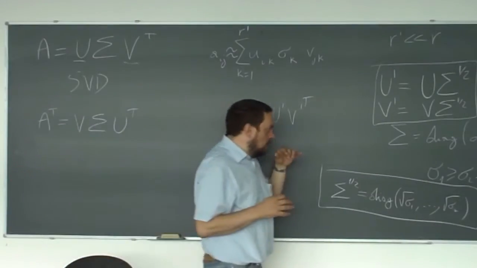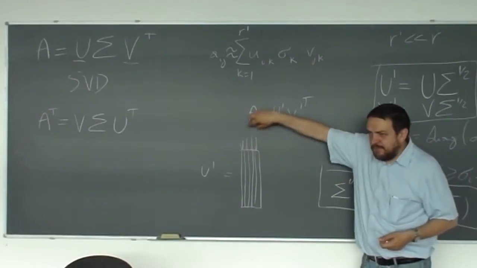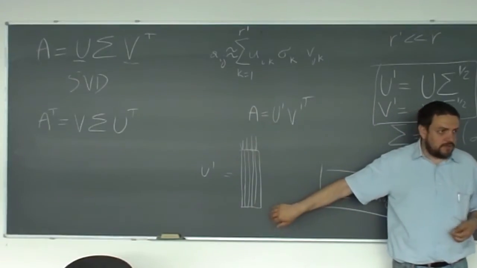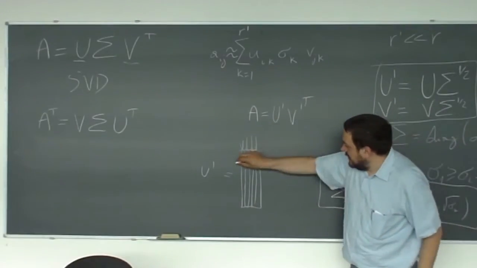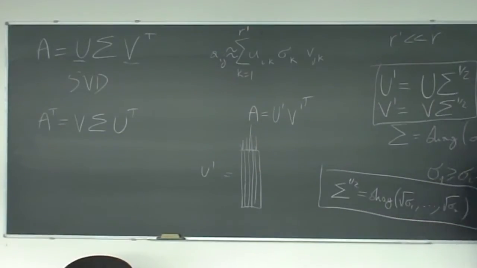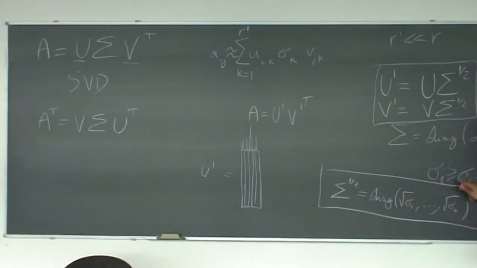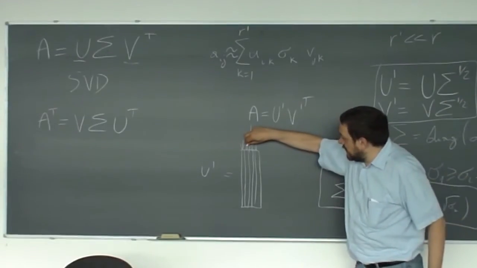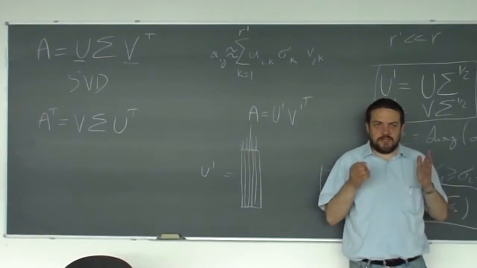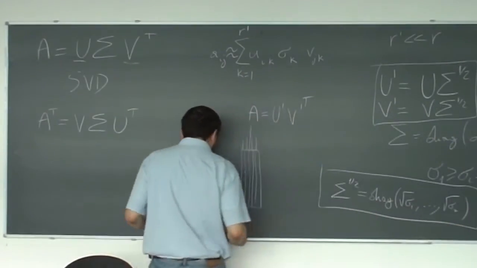We took the singular values and we put them directly in the columns of the matrix. So that now, in U prime, the first columns are important because they are large, possibly larger than 1 because sigma 1 can be any number. And moving from left to right, the columns are smaller and smaller.